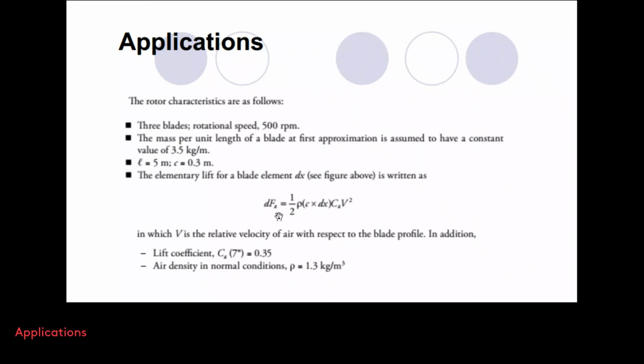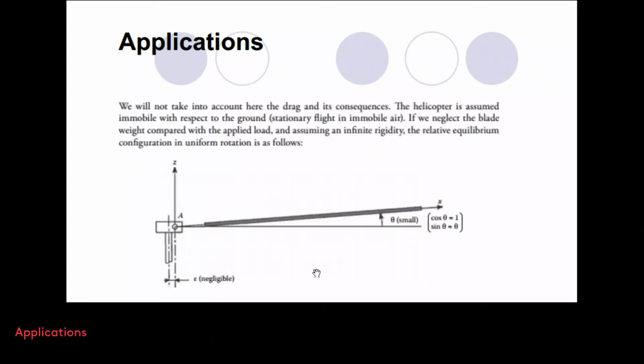So the vertical force, the lift force, is 1/2 rho c multiplied by dx multiplied by Cz, capital CZ, v square, in which v is the relative velocity of air with respect to the blade profile. In addition, the lift coefficient Cz at 7 degrees is given as 0.35. Air density in normal conditions, rho, is given as 1.3 kilogram per meter cube.